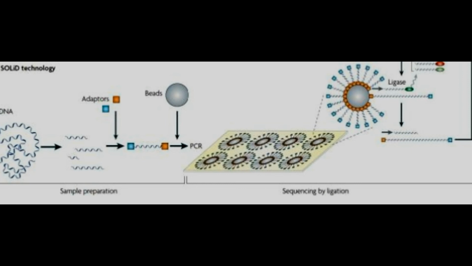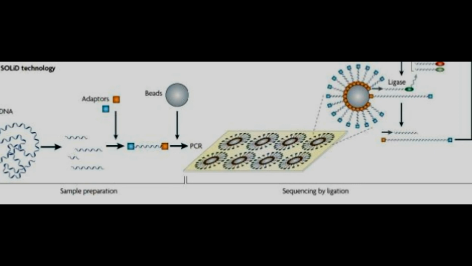Here, the beads are deposited onto glass slides, and the sequence is determined by the sequential hybridization and ligation of partially random oligonucleotides with a central determined base that is identified by a specific fluorophore. After the color is recorded, the ligated oligonucleotide is cleaved and removed, and then this entire process is repeated again. The reads that are generated are currently 25 base pairs, but they will probably increase to more than 50 base pairs in the future.